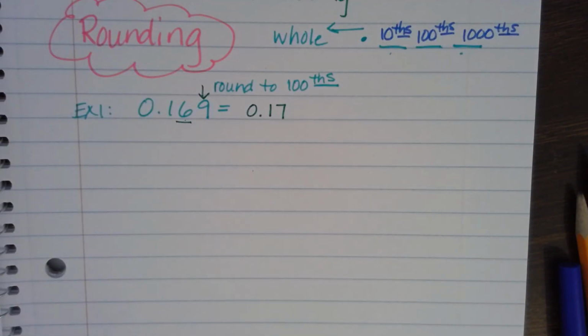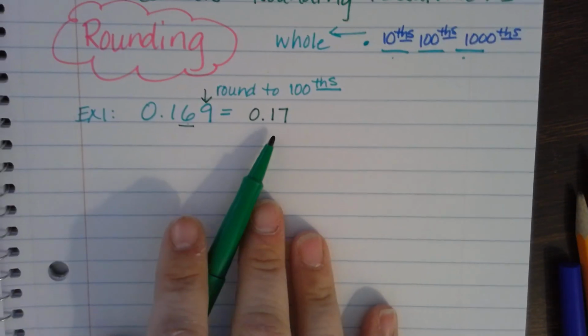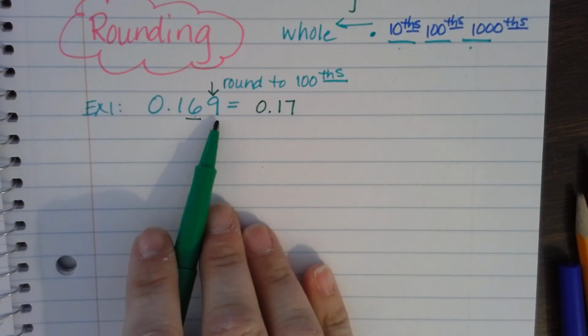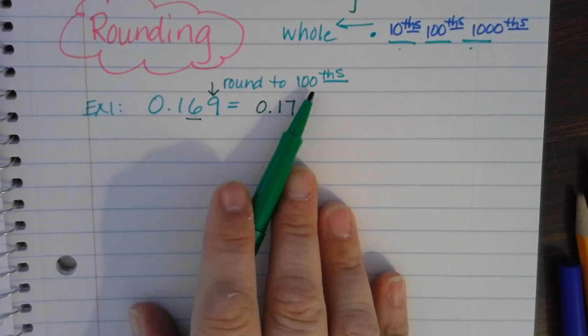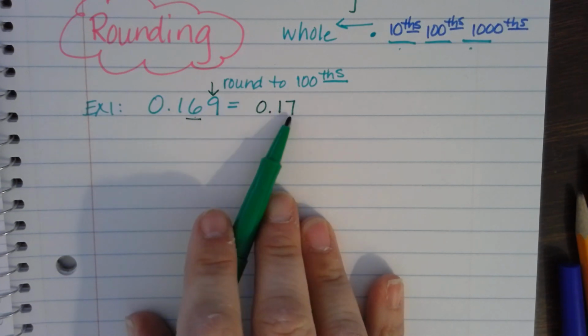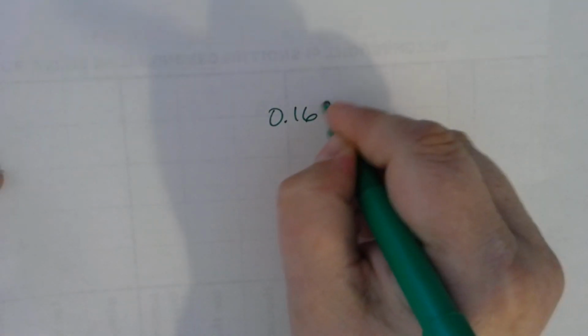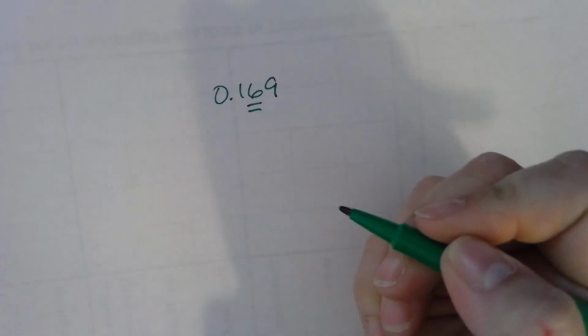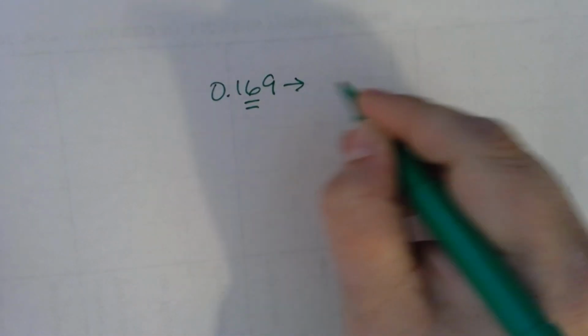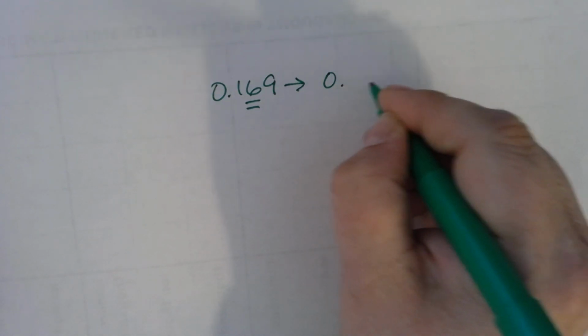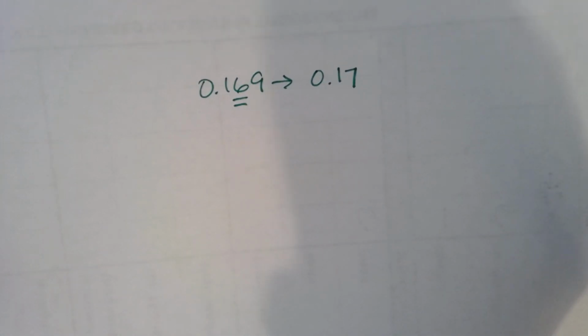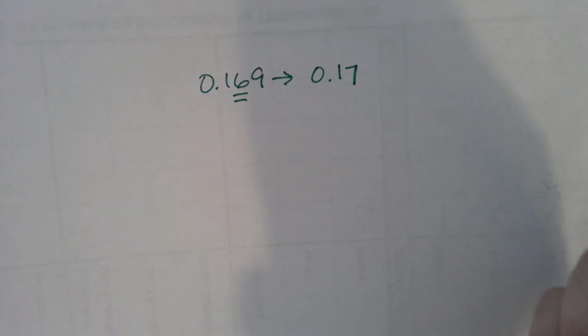All right, so that aside, we have rounded our number. Again, if I'm rounding to the hundredths place with my decimal, I am not going to add a 0 over it, and let's look at why. So if I take this number, and you don't have to write this, and I round it to the nearest hundredths place, we said that became 0.17. Now I have 17 hundredths. Agreed? Agreed.